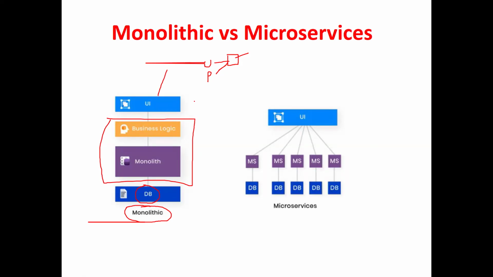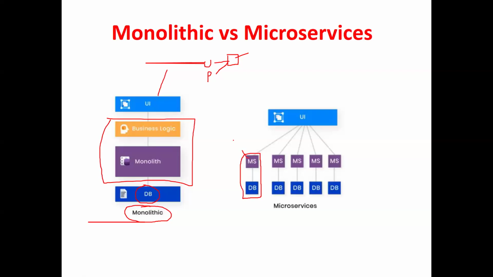User functionalities, product functionalities, order functionalities, all the controllers you created in a single project, and that project talking to a single database, that architecture we call a monolithic architecture. The same architecture we can divide into microservices, where one microservice communicates to one database.